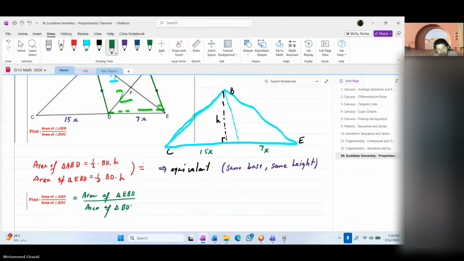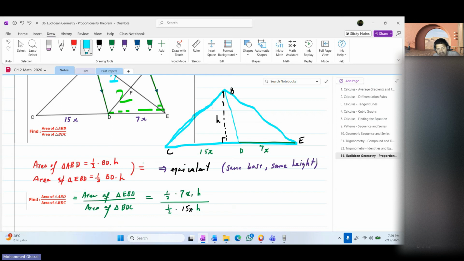Now, what's the area of triangle EBD? Half, what's the base? Base is 7x. And what's the height? H. Area of triangle BDC: half, not 7x, sorry, supposed to be 15x, times height.